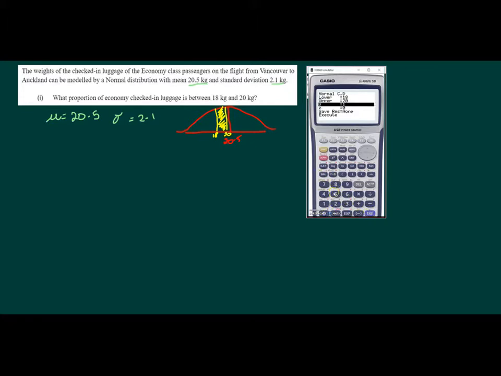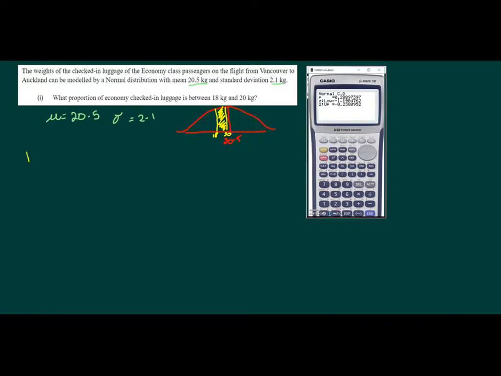Then for the standard deviation, we know it is 2.1, so we put that in, and the mean is 20.5, so we enter that in and press execute, and we come up with a probability of 0.2889, which if we round is equal to 0.289.